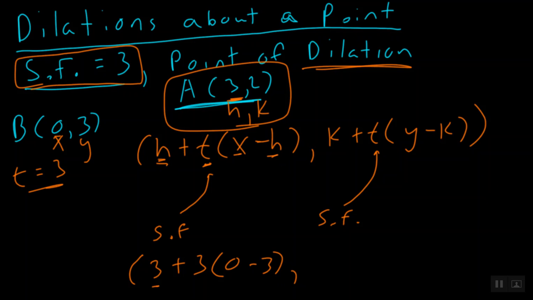So our K value, this is the Y value of the point of dilation, so that's going to be 2, plus our scale factor, which is still 3, parentheses, the Y value, remember the Y comes from the point that we chose, 3, minus, and once again K, which is the Y value of our point of dilation.